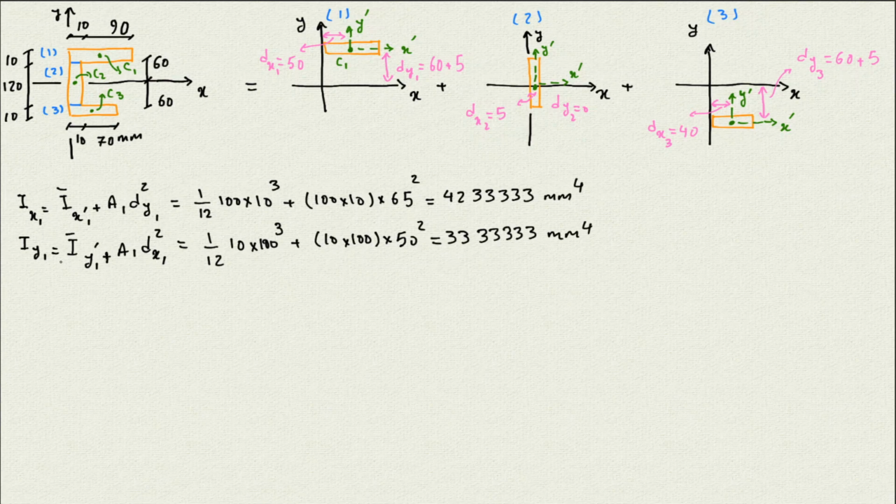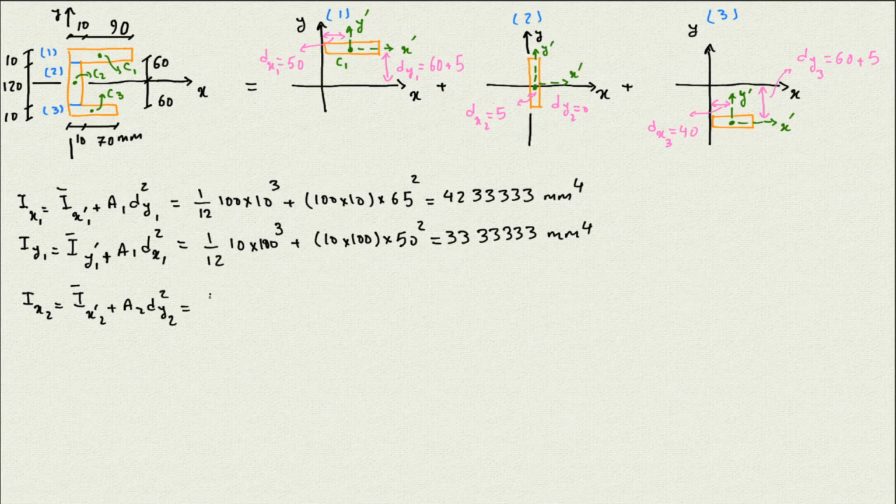The same for the second one. If we want to write it for the second one, Ix2 is the moment of inertia for the second one about its x, plus its area and the distance between the axes to the power of 2.